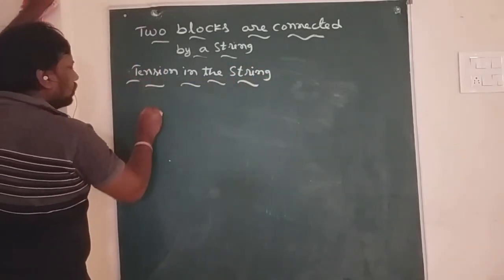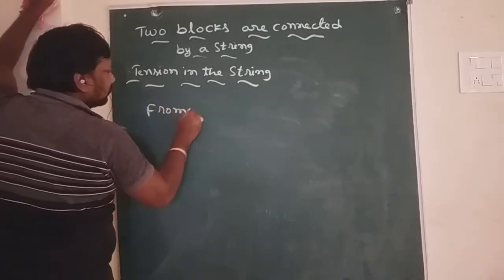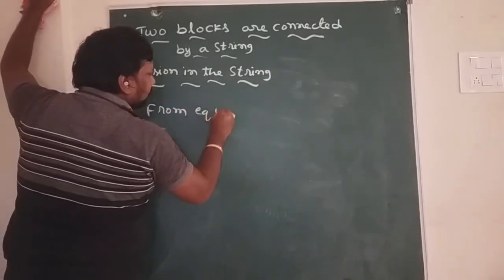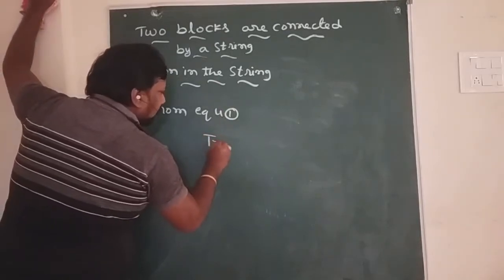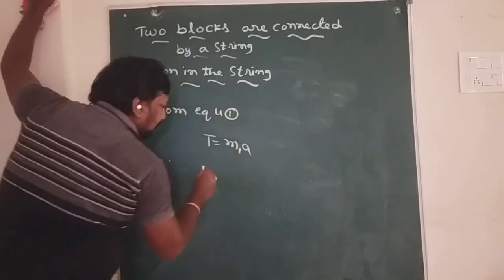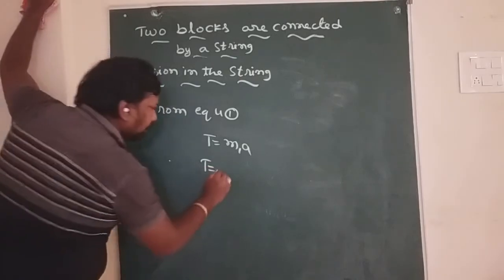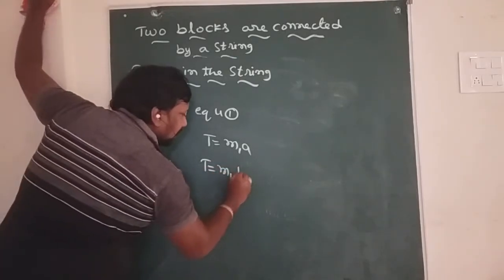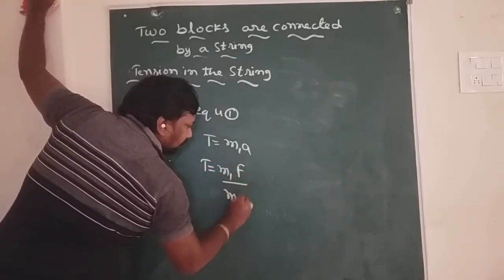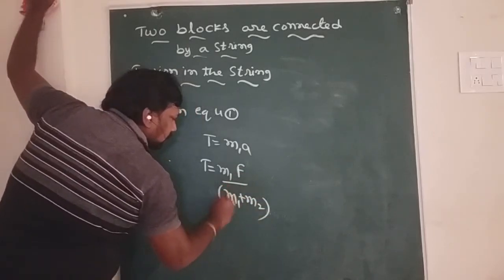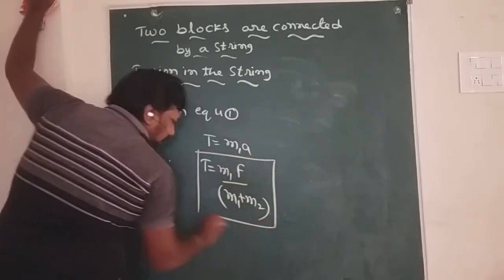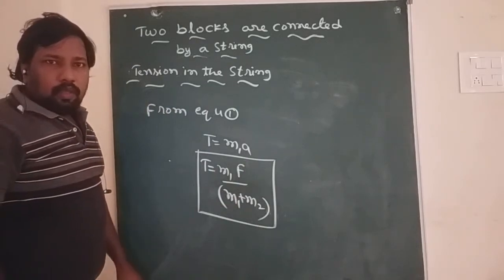From equation 1, T equal to M1A. Here T equal to M1 into A, where A means F by M1 plus M2. So this is the tension in the string.